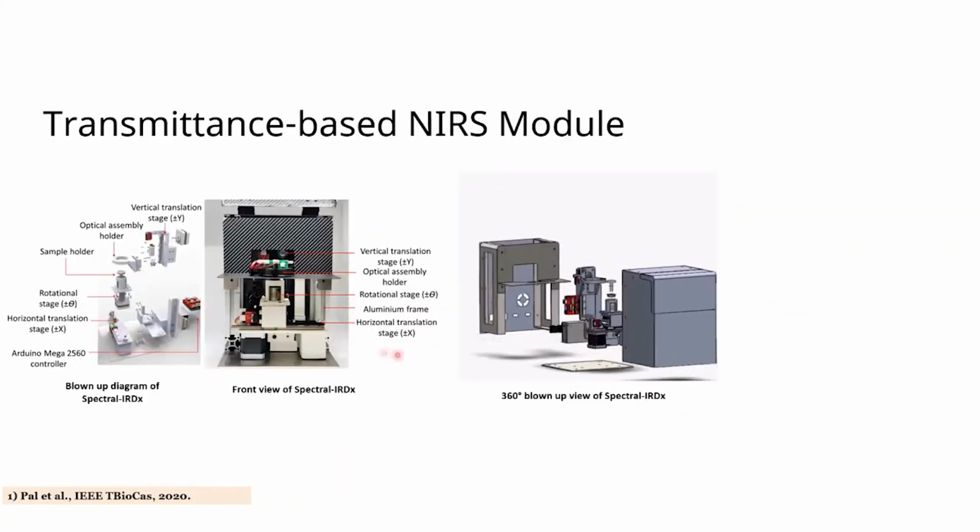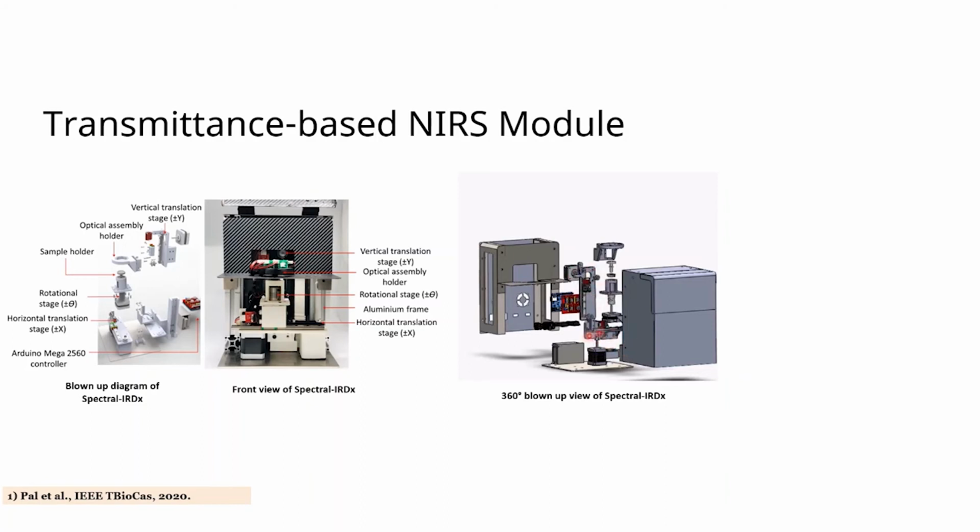The first one is the transmittance based near infrared spectroscopy module, and over here you can see the blown up diagram of the spectral IRTX. We call this system the spectral IRTX tool, and this is the actual design that we have developed. Over here you can see there are three translation stages.